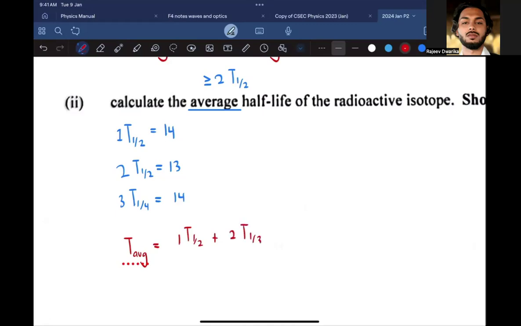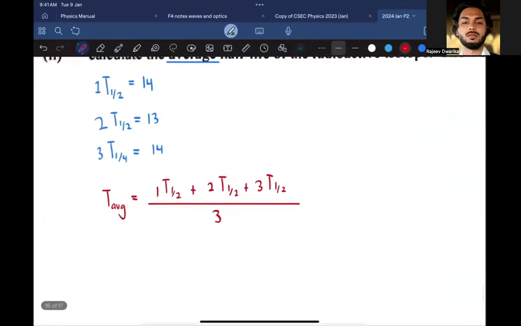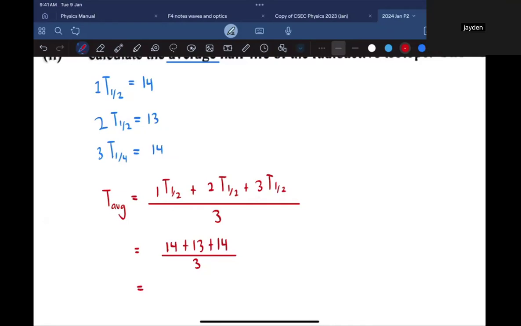Since we have 3 half-lives, we need to divide by 3. So 14 plus 13 plus 14, divided by 3, which gives 13.66, so it'll be 14.